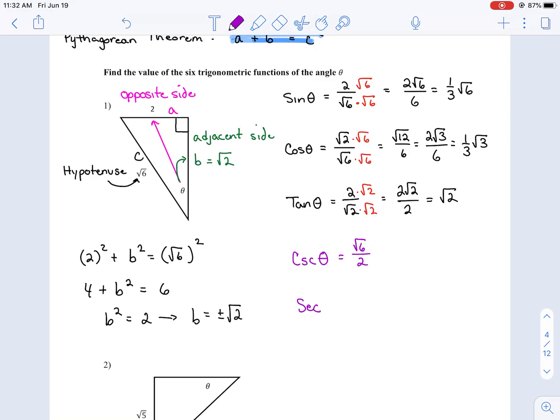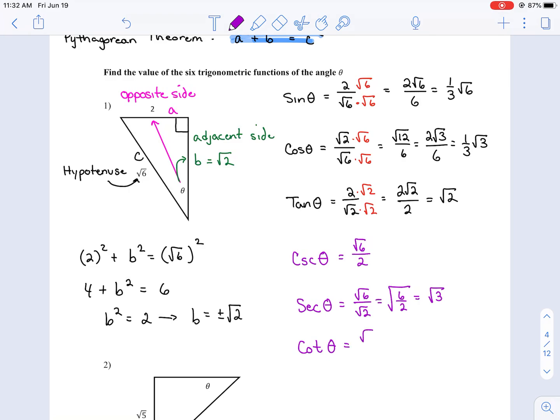Secant is the reciprocal of cosine. So that would be the square root of 6 divided by the square root of 2. And in this case, it would be easier to write this as one radical, like such. So that is the square root of 3. And then cotangent is the reciprocal of tangent.